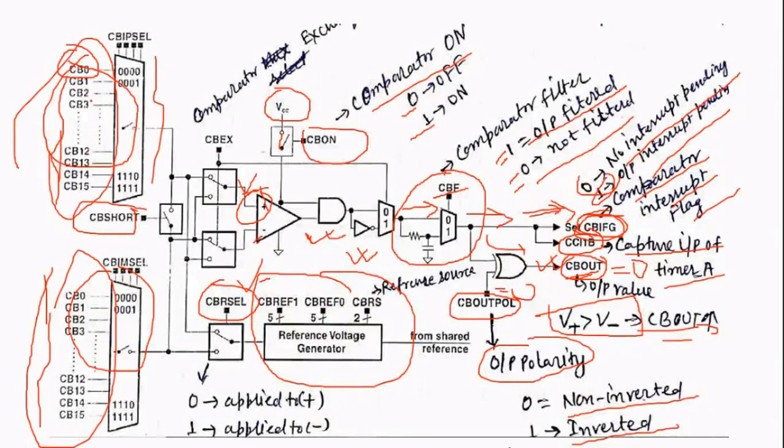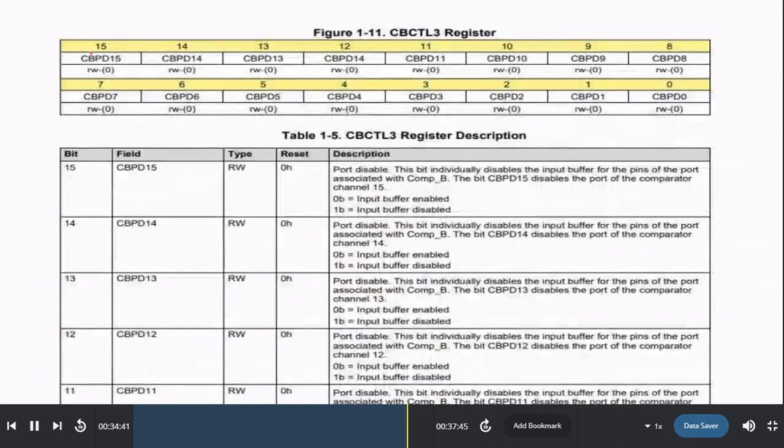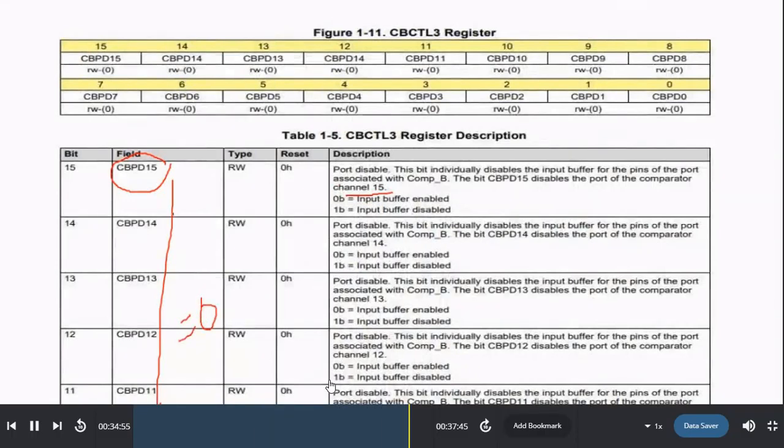So 16 different channels. If you want to use any one of these, the rest you have to put a 0 value. In the same way, if you want to use only CBD15, it means channel 15 you can enable or disable. In all the bits, if you provide 0, it is enabled. If you put 1, it is disabled. So which bit you want to enable or disable, you can fit correspondingly into CBCTL3, and you can get the input value.